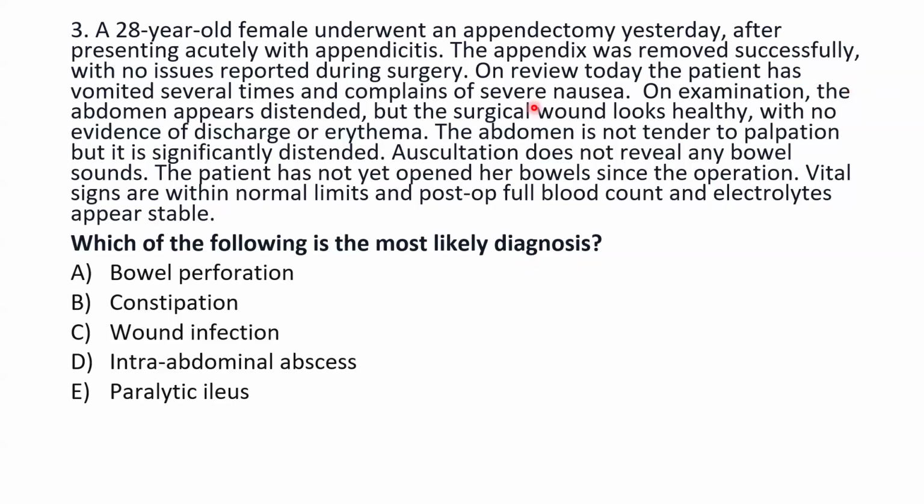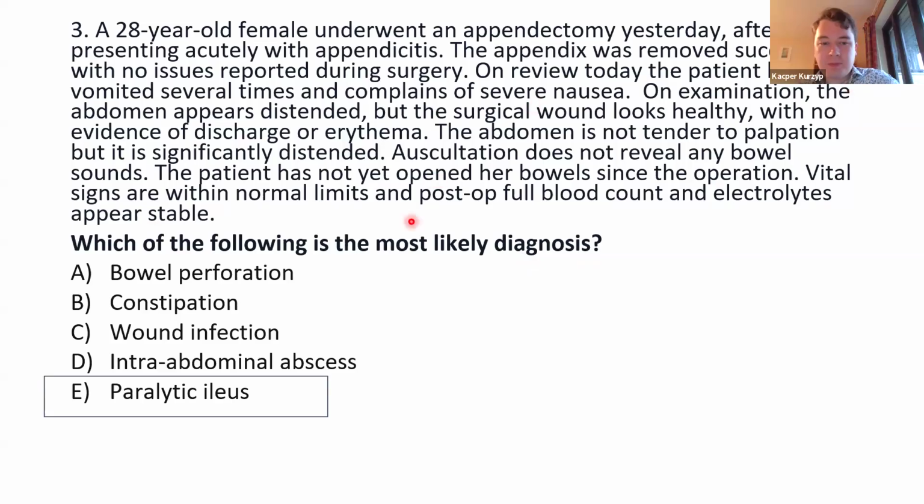E. That is correct. If you think about it, things such as perforation, infection, or intra-abdominal abscess, the wound wouldn't look as great, and she would have at least some abnormalities in the full blood count consistent with infection.